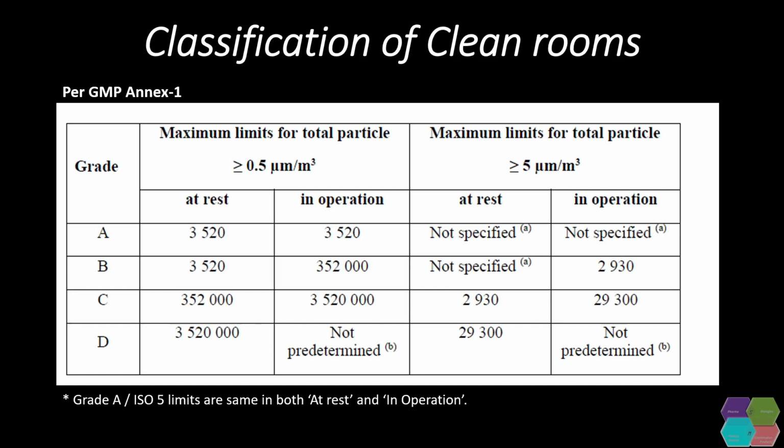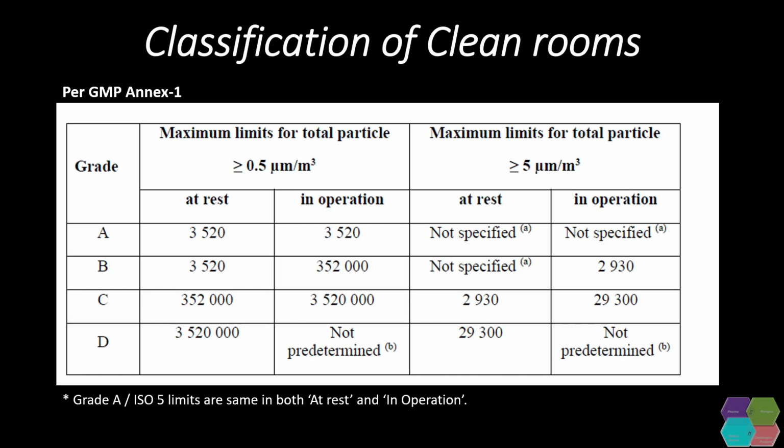So here one thing is important to know. In EU GMP, it gives the limits at two different levels: one is at rest and the other is in operation. At rest means, let's say the filling machine is there in the filling area, but the filling machine is not in operation. It is just there.